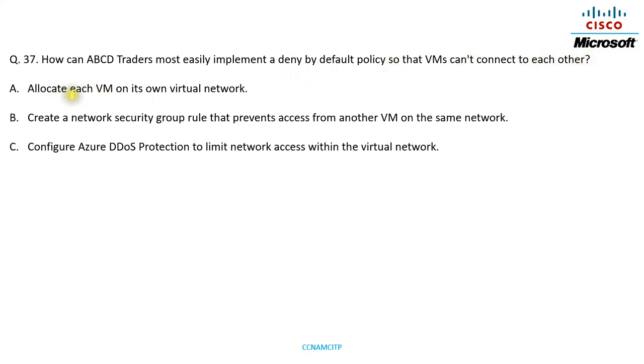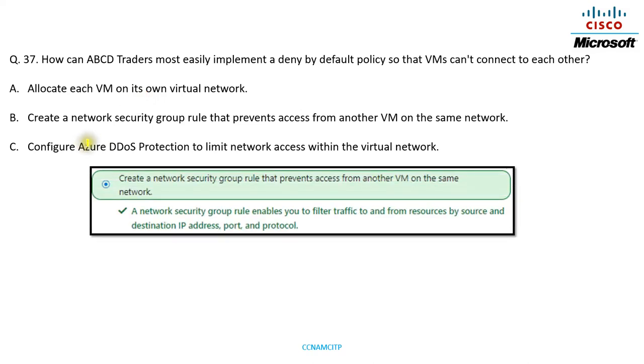So guys, allocate each virtual machine on its own virtual network, or create a network security group rule that prevents access from another virtual machine in the network. Okay, so you should select either A or B answer. So the answer is you have to create a security group here. Answer should be B.